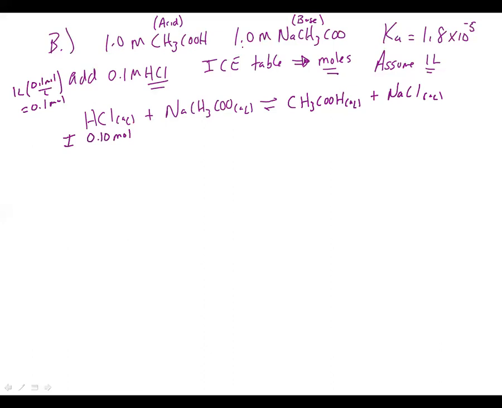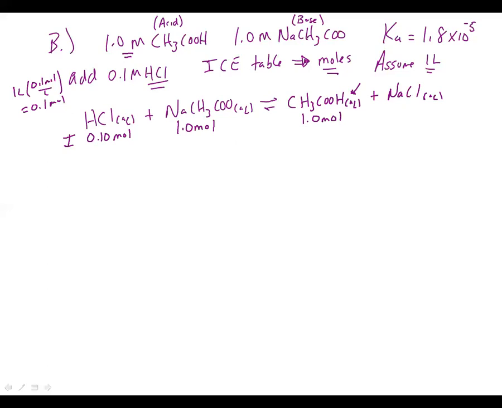For our acetate, again, same deal. We're going to take 1 molar times 1 liter, gives us 1 mole of our acetate. Now, also where people screw up is right here. Since this is a buffer, we actually do have some acetic acid there as well. Also taking 1 liter times 1 molar gives us 1 mole of our acetic acid.